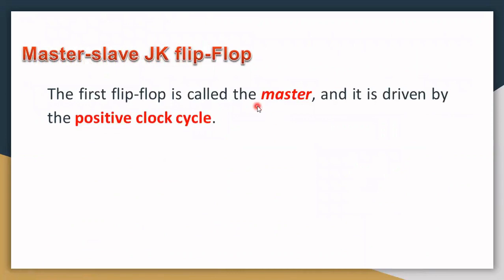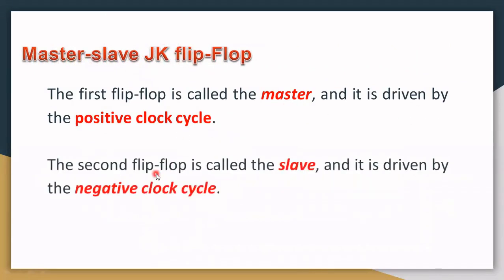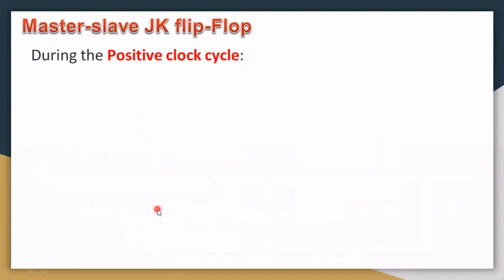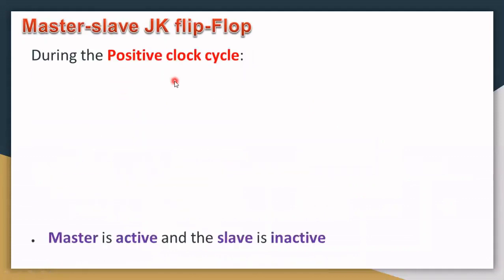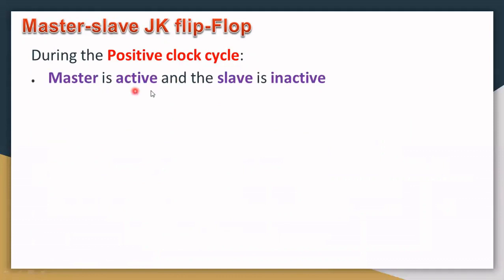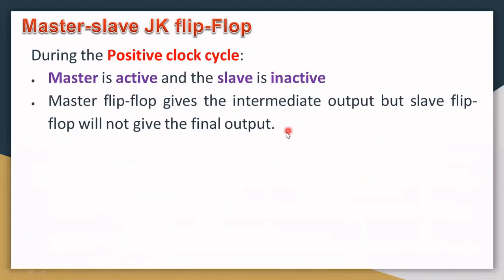So the first flip-flop is called a master and it is driven by the positive clock cycle. The second flip-flop is called slave and it is driven by the negative clock cycle. During the positive clock cycle, master is active and slave is inactive. Master flip-flop gives the intermediate output, but the slave flip-flop does not give the final output because the slave flip-flop is activated only in the negative clock cycle.